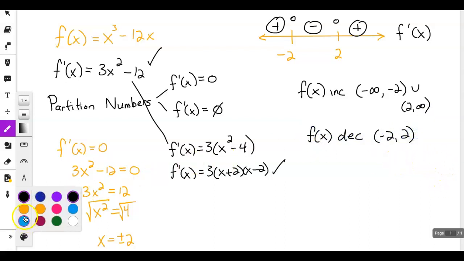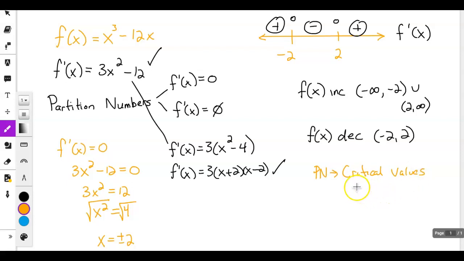And then what we've added on is this part. Okay, you have to check now that your partition numbers, you have to ask yourself, are they critical values? And what that means is when you plug them back into the original, so you're going to take your partition numbers, you're going to put them back into the original, and do they make the original undefined?